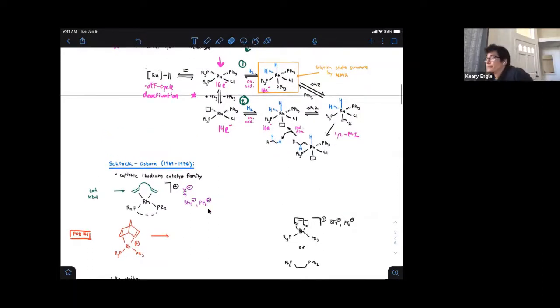Yes. Can you comment on why there's such a large rate difference? I would have expected the 16 electron complex to be more electron rich and therefore be able to engage more in oxidative addition versus the other complex, which is 14 electrons. Yeah, it's a good question, Noor. I think that explanation is reasonable.